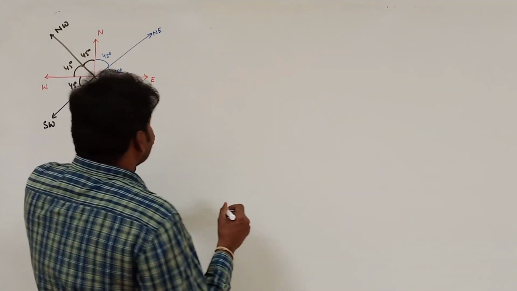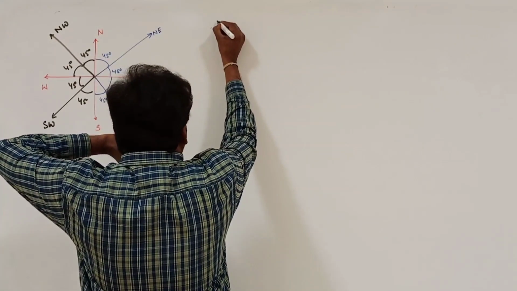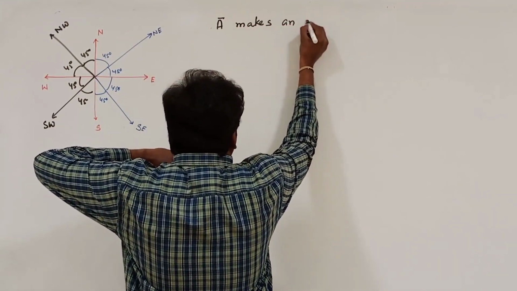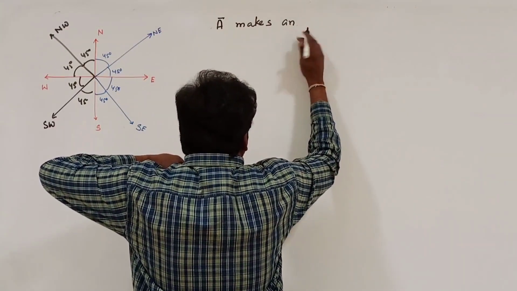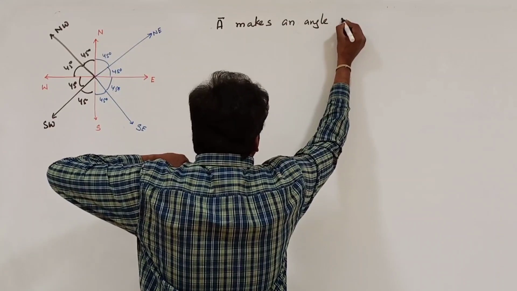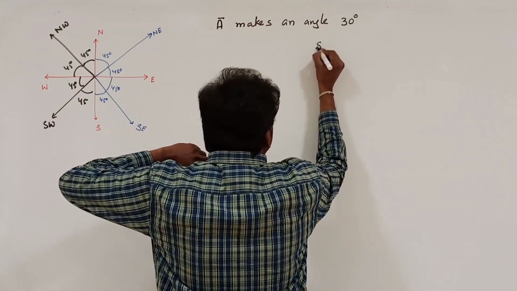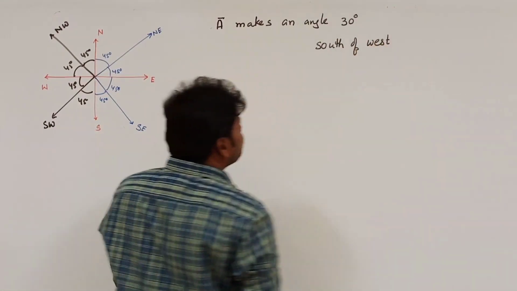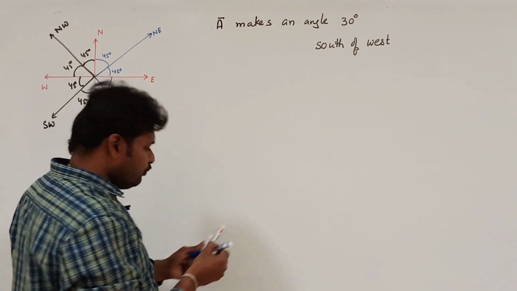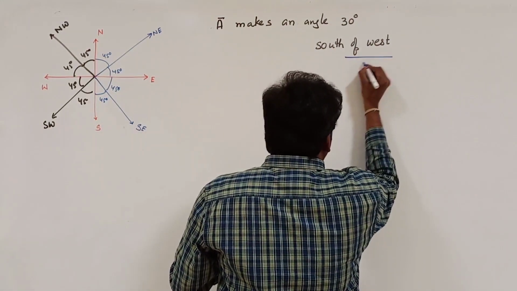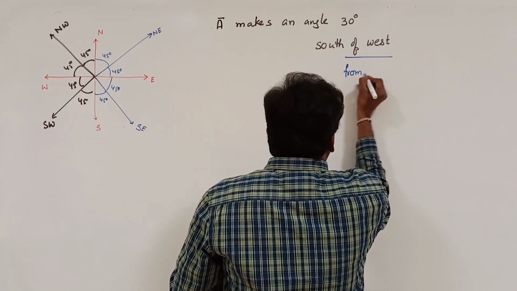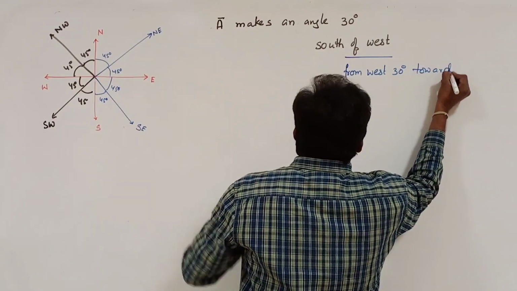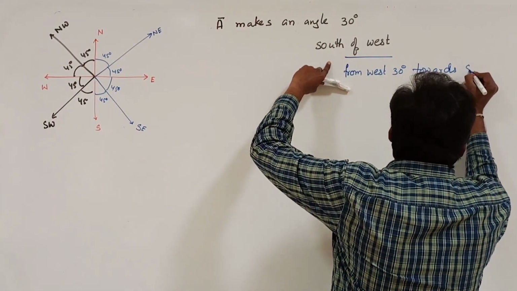Now in a problem they will give, for example, a vector A makes an angle of 30 degrees south of west. What is the meaning of south of west? West is the reference, and from west you take 30 degrees towards south.